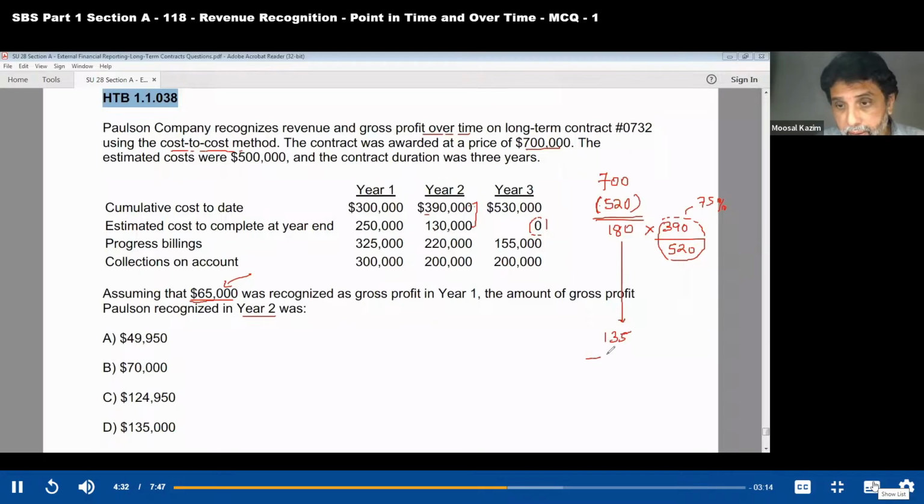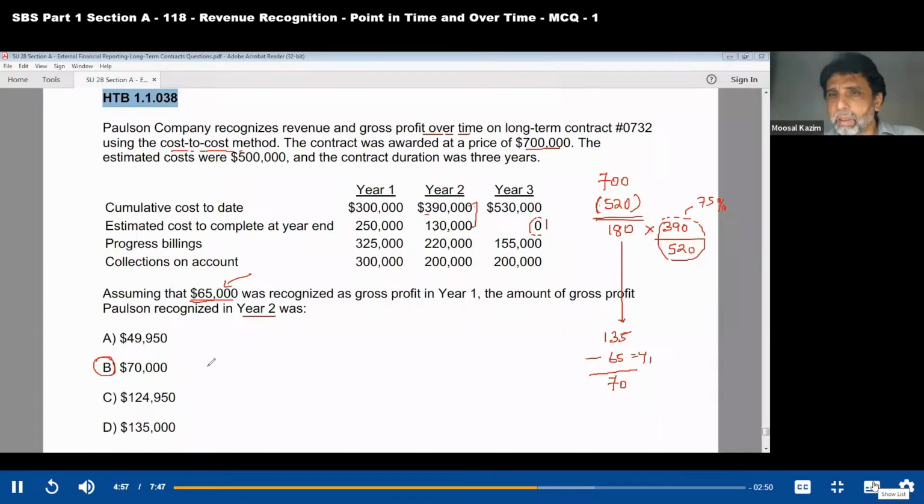So you have to subtract whatever we recognized in year 1. Year 1 profit you recognized, you minus it. Then you'll get what should be recognized only for year 2. 135 minus 65 is 70,000. So B is the right answer for this and not D. Please keep that in mind. So we got the answer for this.